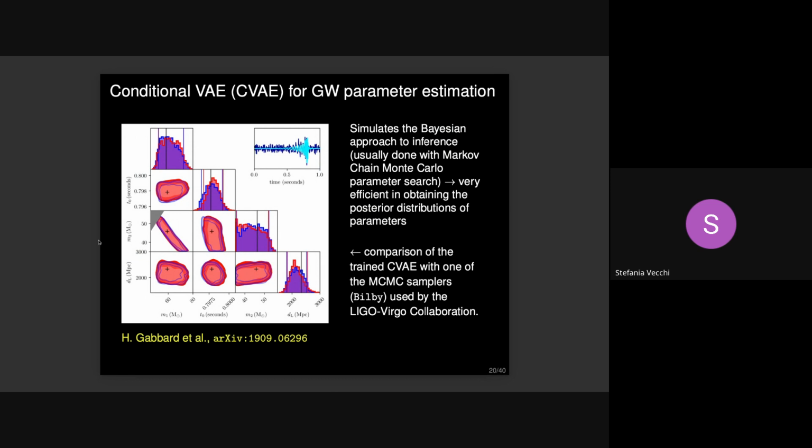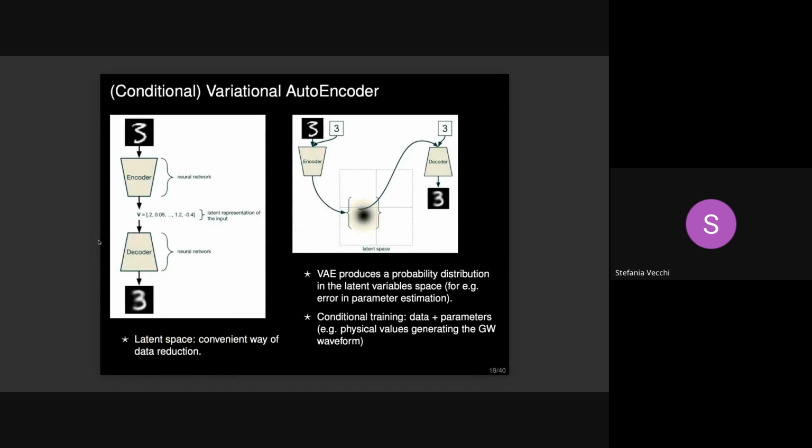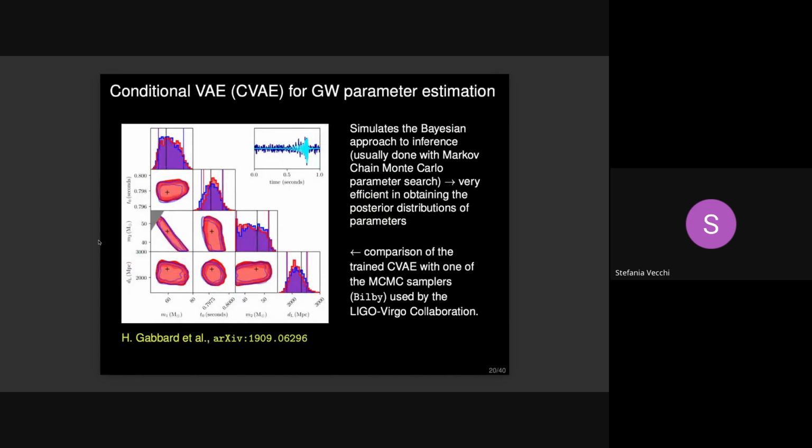So you input instead of number 3 the whole waveform with the parameters of the waveform: masses, spins, localization on the sky, the angles and things like that. And then basically you can estimate how well the network is estimating the parameters of it.